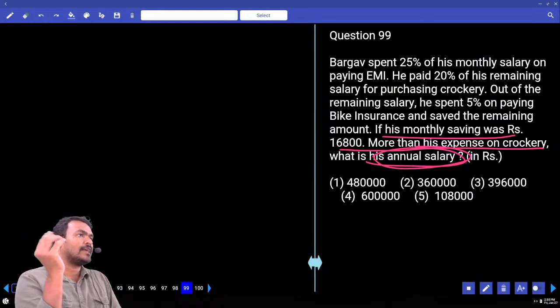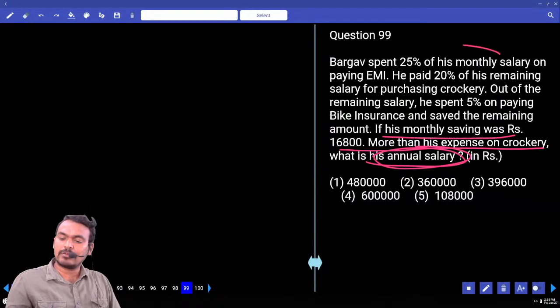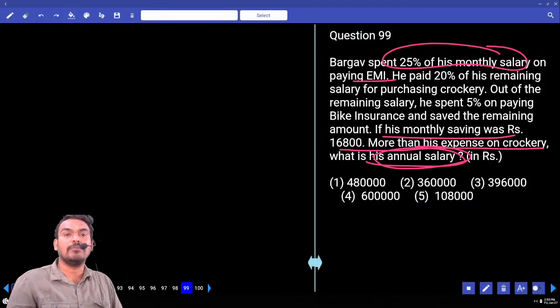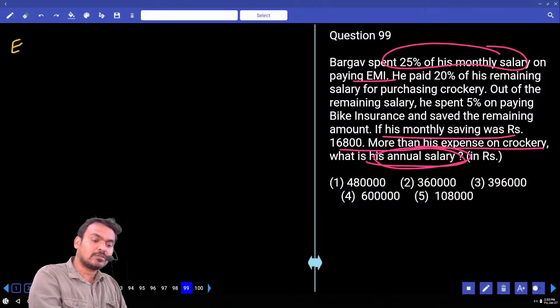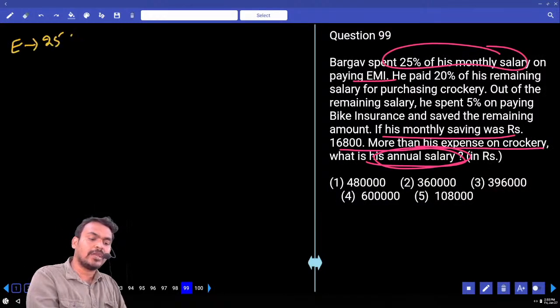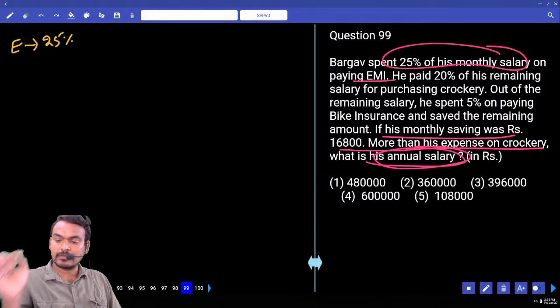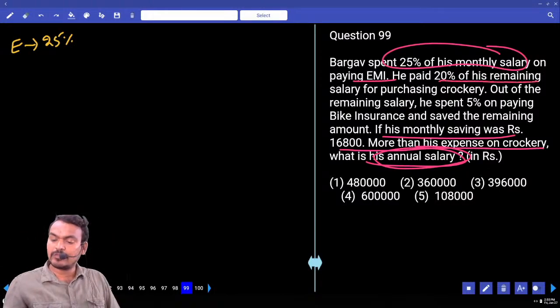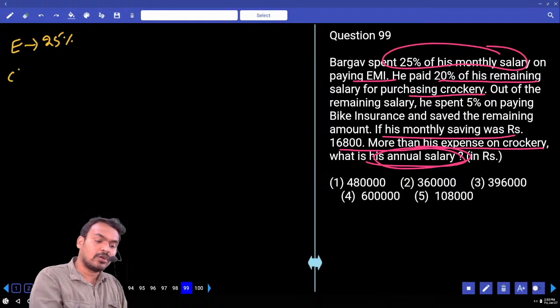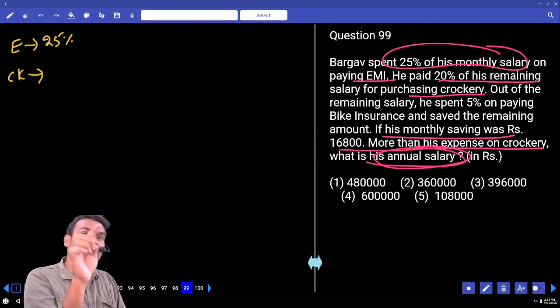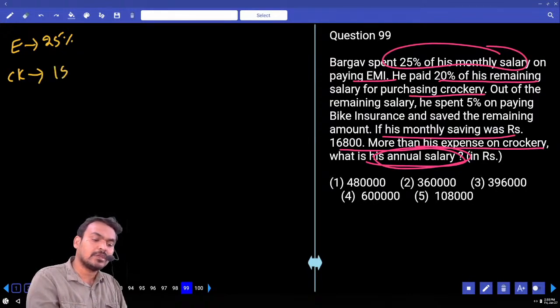Okay, monthly salary 100%. Out of 100%, 25% is which one? EMI. EMI is how much? 25%. Or the remaining 75%. The 20% is which one? Crockery or not? Means crockery is 20% of 75. 15% or not?